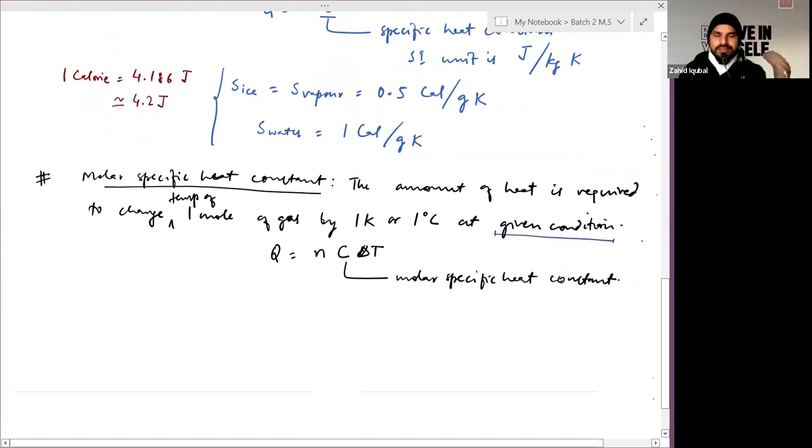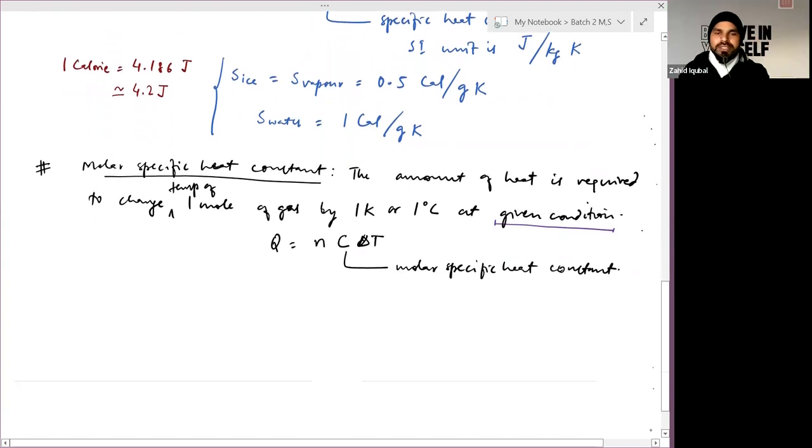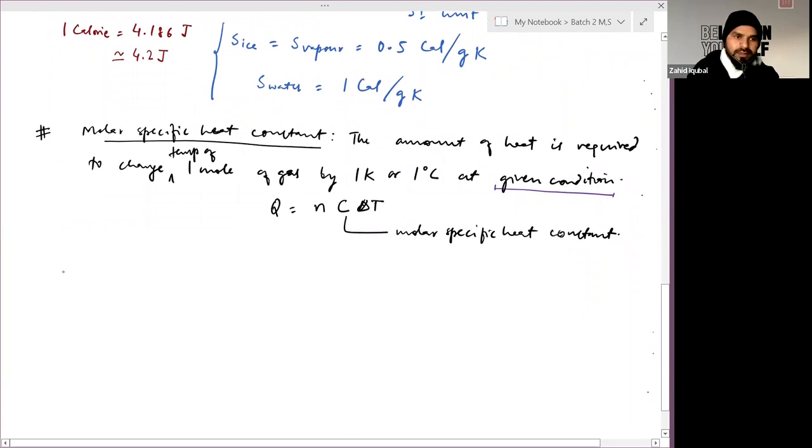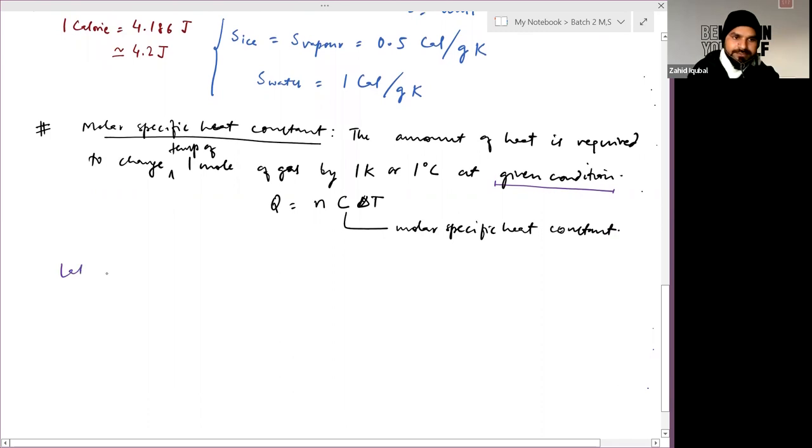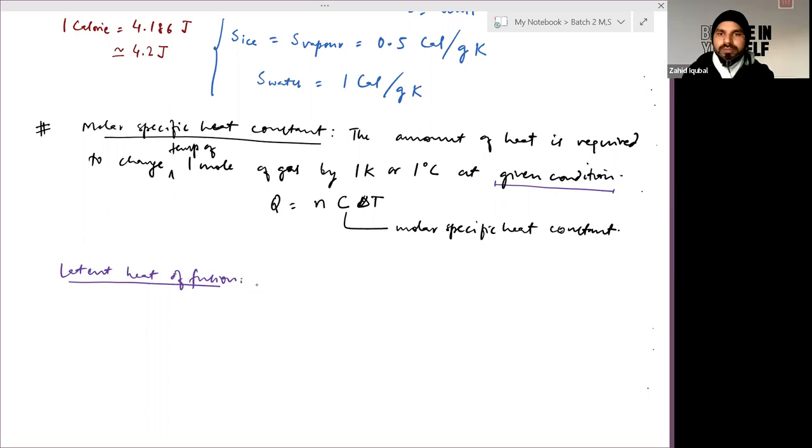So these 3 heats basically define the change in temperature of those substances. Next is latent heat of fusion. It is the amount of heat to change solid into liquid at its melting point and normal given condition.